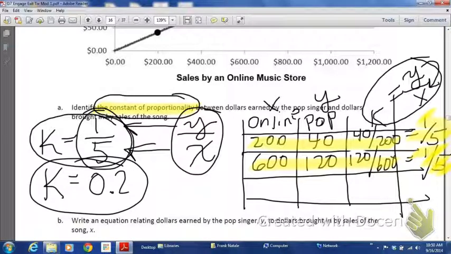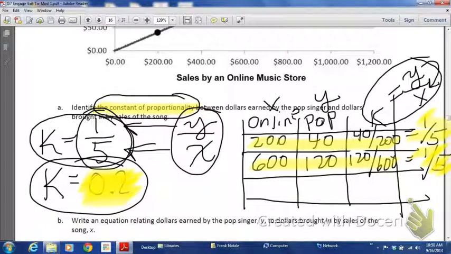But what you can do is use your constant of proportionality, because what this constant of proportionality is telling you right here is for every $1 that the pop star earns, there are $5 in online sales. And also, you notice right here, that is actually 20 cents.